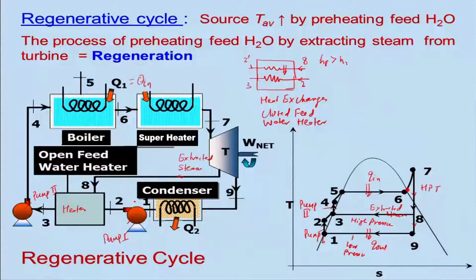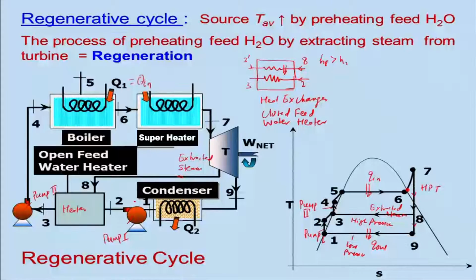If you look at real systems, generally a combination of both open feed water heater and closed feed water heater is used. Both have certain advantages and certain disadvantages, and to optimize that, people use both in the actual steam power plant.